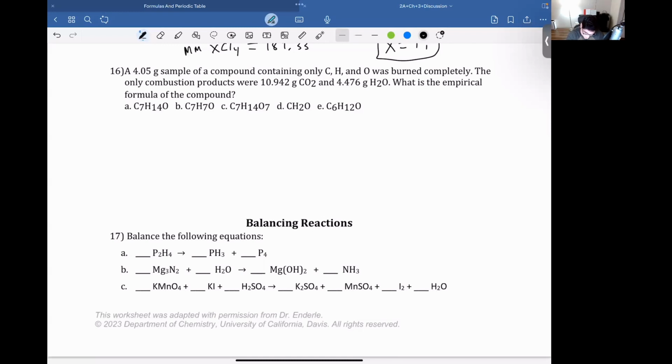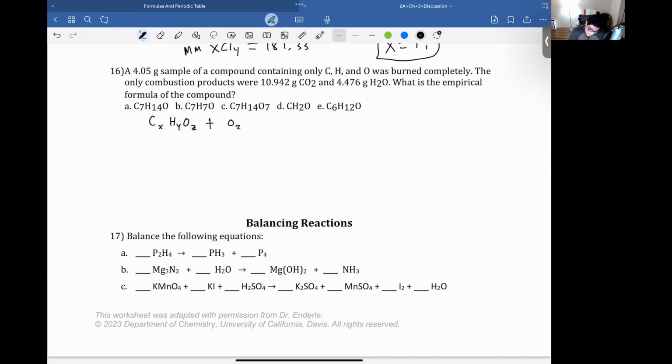This one's a little bit harder. So the first thing you have to know is actually what is a combustion reaction. So a combustion reaction is generally written like this. So you have some hydrocarbon, something like that. I'm putting extra variables because I don't know what they are.